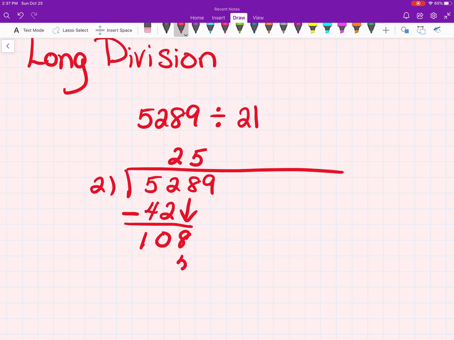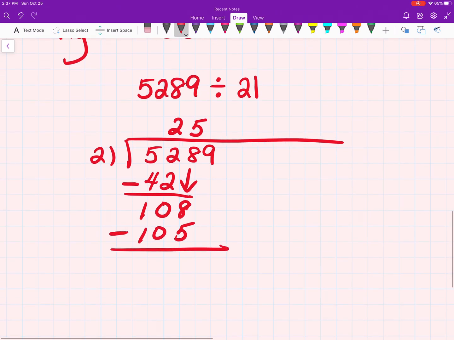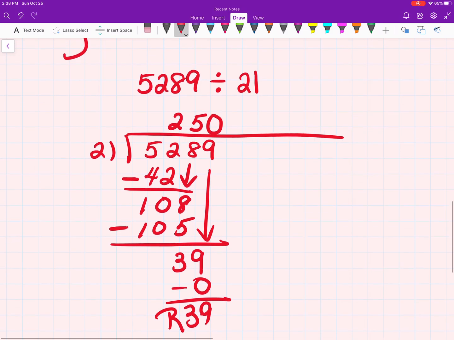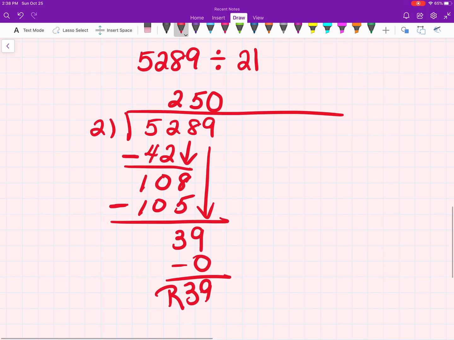It's 105. Okay, great. We subtract. 108 minus 105 is 3. We bring down the 9. It doesn't go in at all, and the remainder is 39. Well, if you remember, at some point they stopped letting you write R39, and you had to do 39 over, whoops, that's wrong.